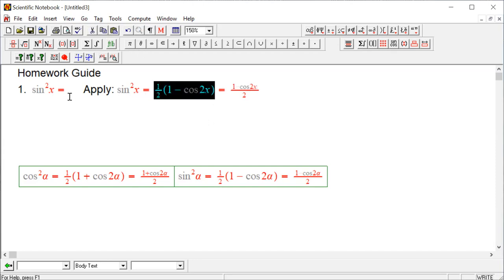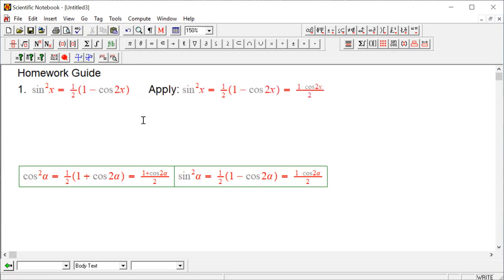So the final answer would be that. And in this final answer, you can see the power has been reduced from 2 to 1, right? So this is cosine to the power of 1, from power 2 to power 1. And here there's a constant part, of course, that's power 0. So that's one of the examples.